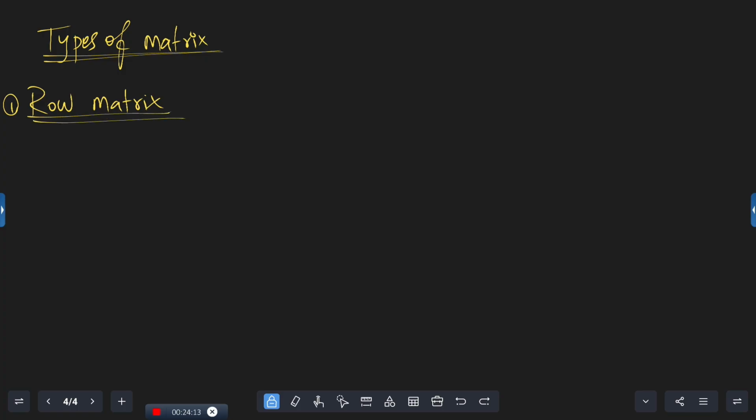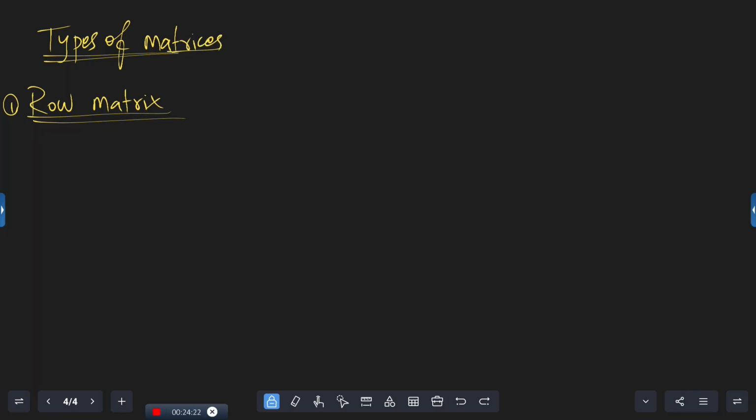So, types of matrix. Children, listen. First one, row matrix. What can we say about it, Raja?